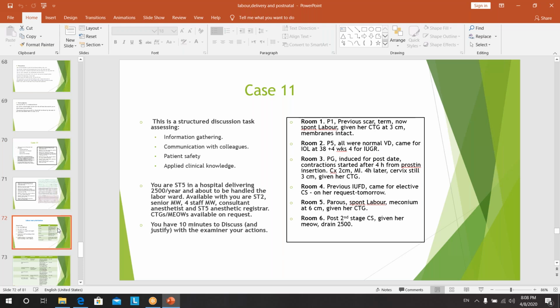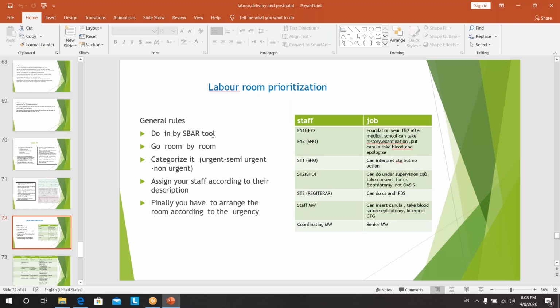To make it easier for you, usually do the labor room by the SBAR tool, by situation, background, assessment, and recommendation, and go room by room as you did. Go room by room, and after you finish the 6 rooms, say I will start by room 6, I will start by room 3, like this. So do it by SBAR tool and go room by room.